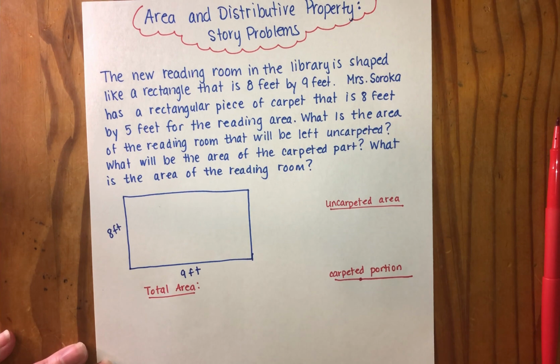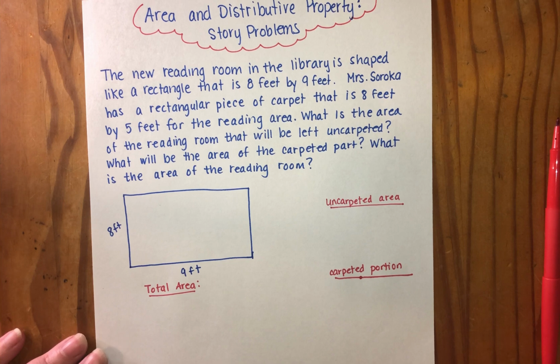Nice work. What else did you do to represent this problem? Say it out loud. I heard some scholars say that they partitioned the larger rectangle to show the carpeted and uncarpeted areas of the room. Great work.